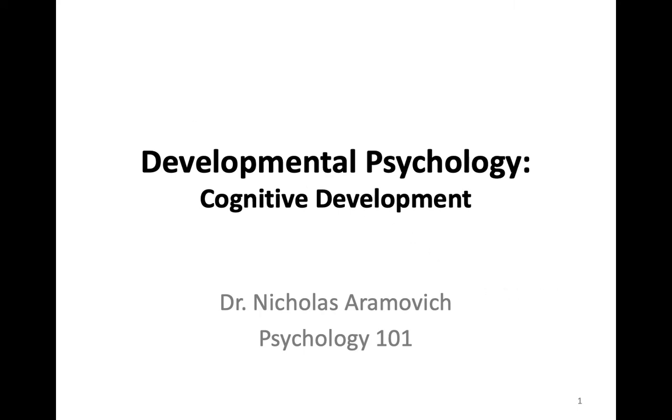Okay, this lecture is the first about developmental psychology, and in particular, this lecture is going to be on our cognitive development. So, this is really how we develop so many of our cognitive abilities, which includes our ability to solve problems, to be able to remember, to be able to perceive the world, to be able to understand and produce language.